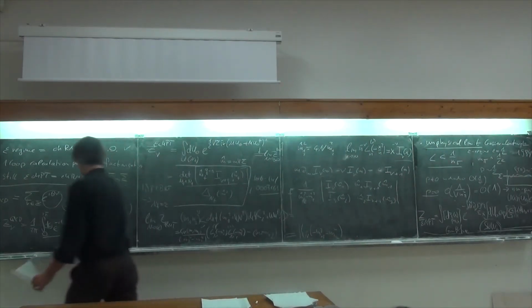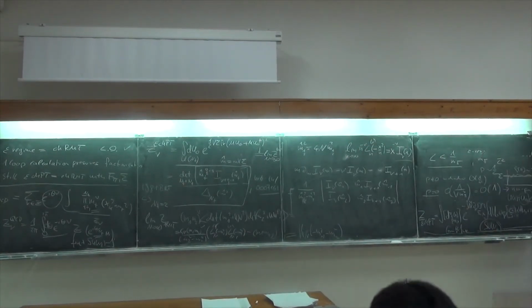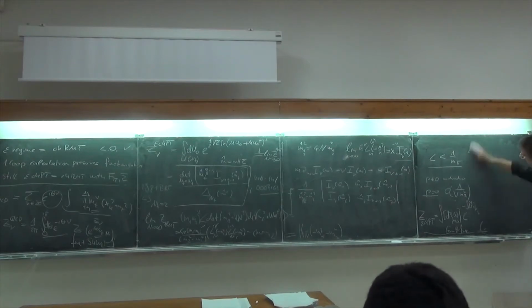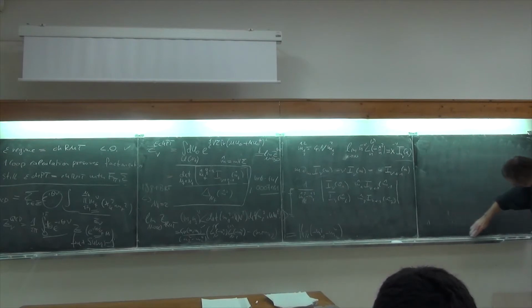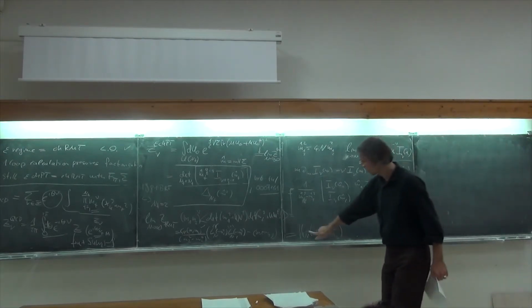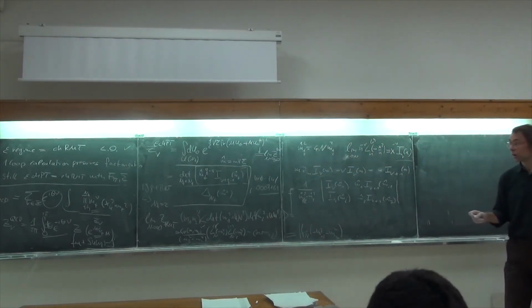Since this is a quantity I would like to write down, K_n is the kernel, right? And the kernel was the expectation value of two characteristic polynomials.